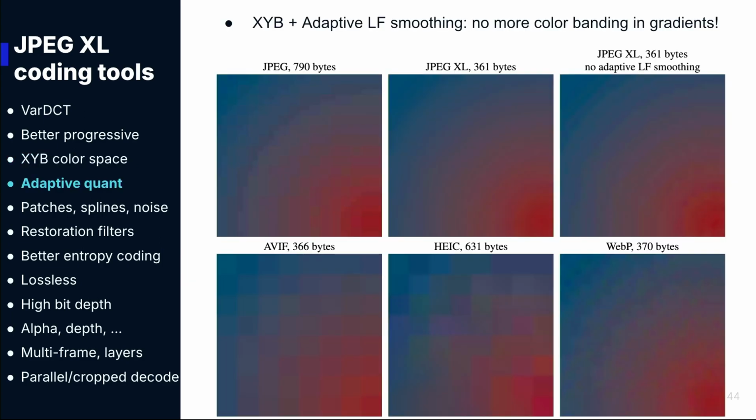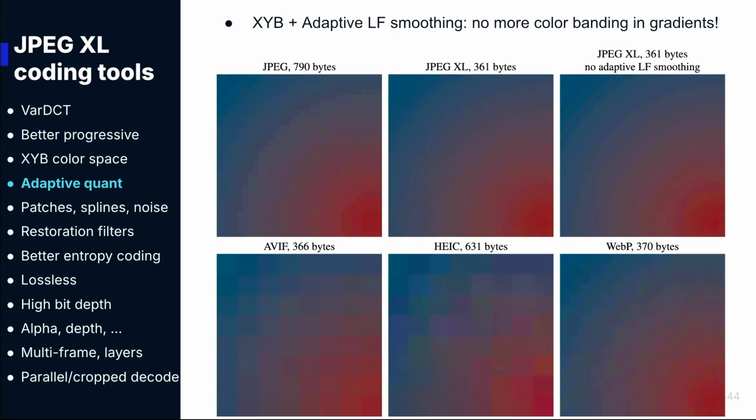Now, using this better color space in combination with a feature that we call adaptive LF, LF is low frequency, smoothing, means that we can avoid the problem of color banding. And this is also going to be hard to see on the projector. So I will put a link to the slides and you can look at it on your own screen. Most of these show blocking artifacts or banding artifacts.